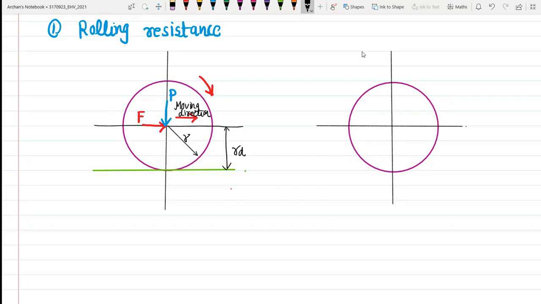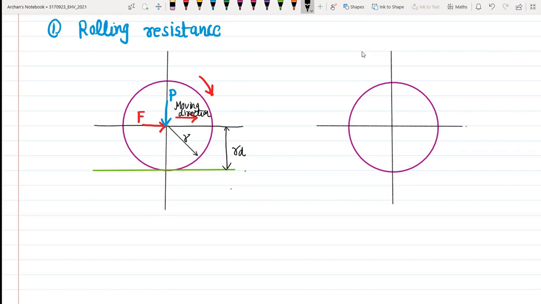If this vehicle is moving in this particular direction, it will try to put some pressure, as I have shown with the downward arrow. Say this line with the green is our road surface. You can see some part of the vehicle is in the front area and some part is in the downward area.